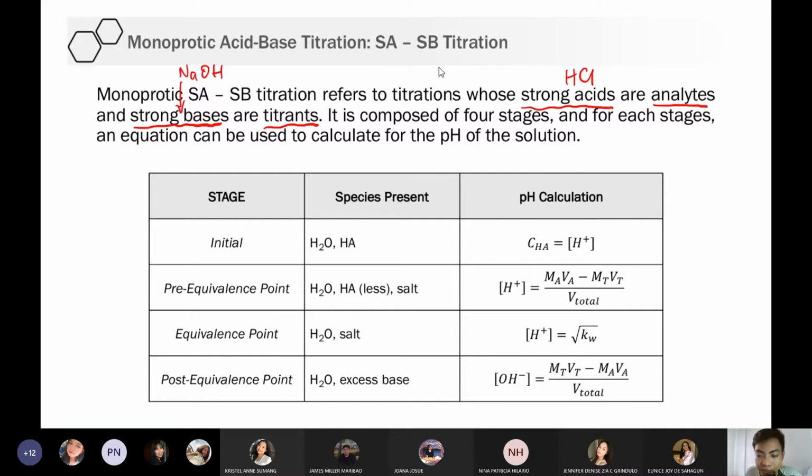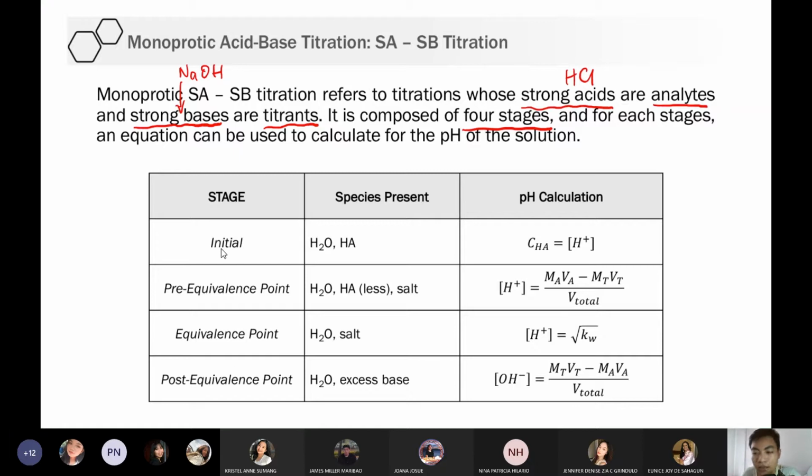When you titrate strong acid and strong base, there are 4 stages in this process. And for each stage, merong corresponding equation na gagamitin natin. We have the initial, pre-equivalence point, equivalence point, and the post-equivalence point.